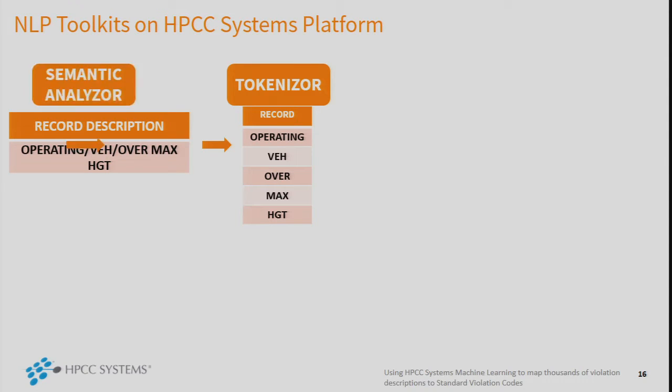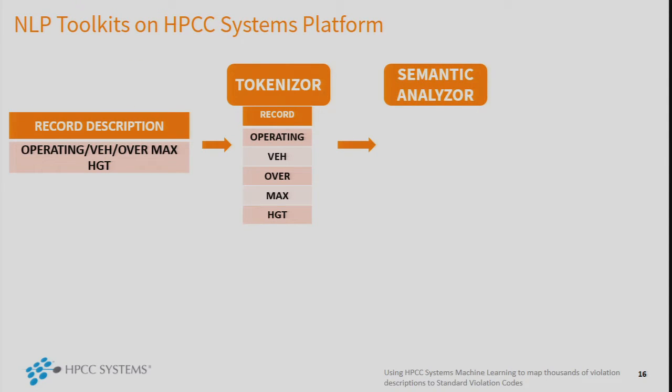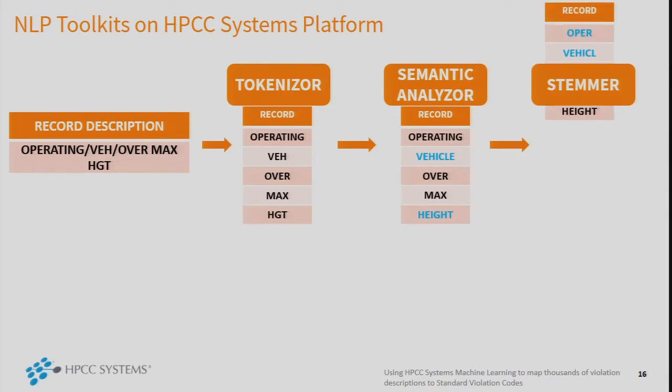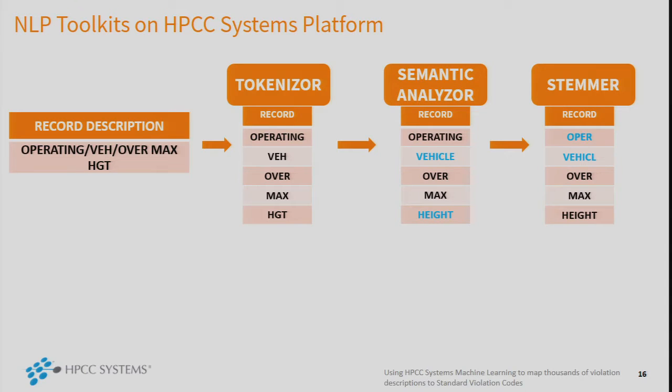After this, we use token filters and a semantic analyzer to analyze the terms. For example, we convert the unclear term VEH to vehicle. So now we get the right form of the data. The next step, we are trying to eliminate human errors or some noise.